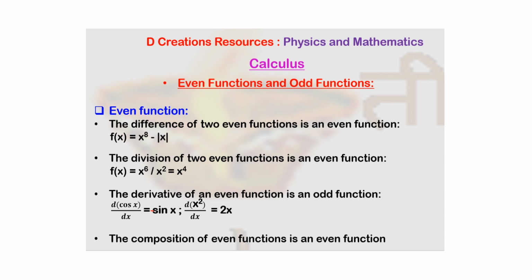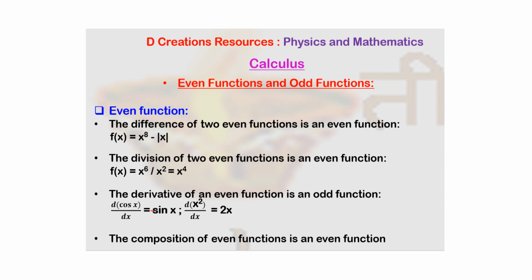Because if you put values, as I said, 3 square and minus 3 square are equal, so that was an even function. But if you put 3 and minus 3 here, it is going to give you odd, where f of minus x is equal to minus of f of x. In fact, we are going to learn about odd functions as well. So this is going to be an odd function.